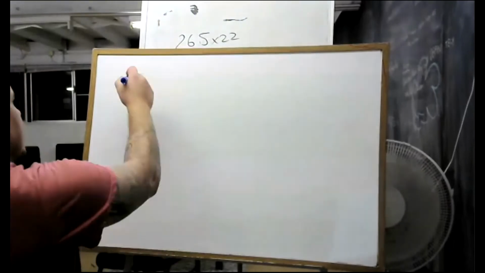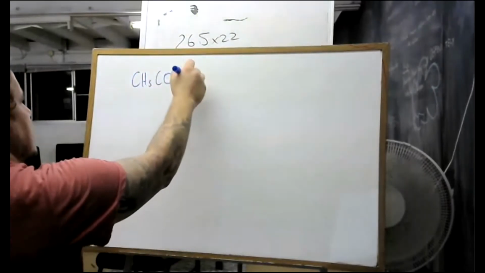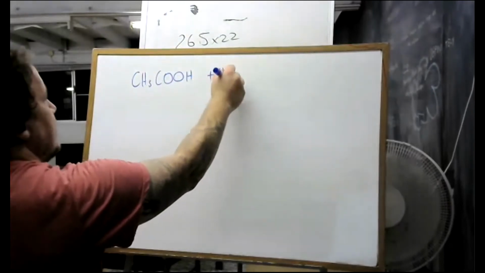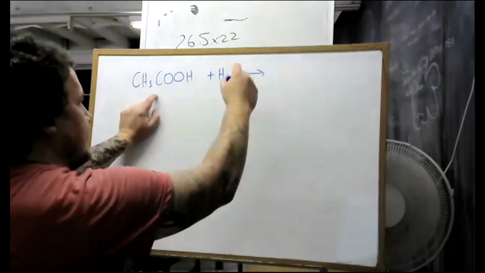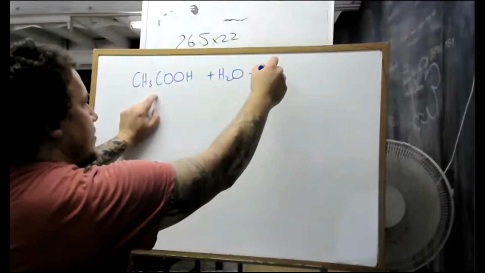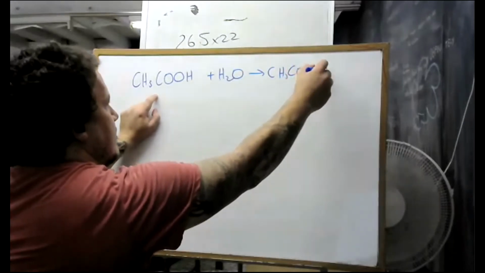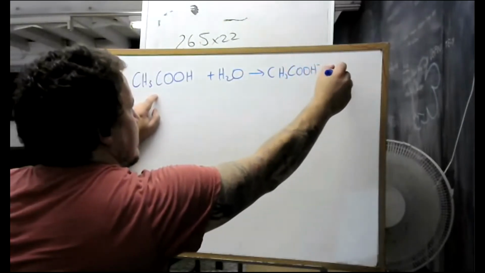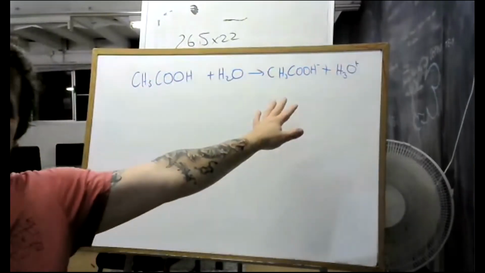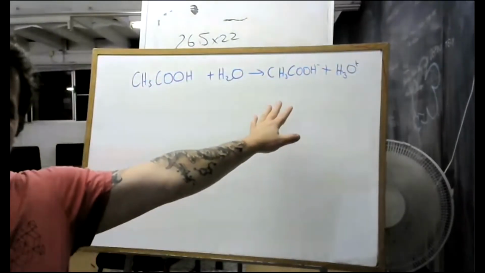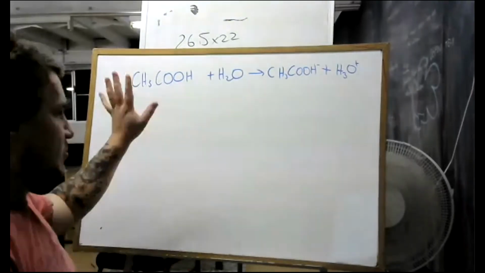We take add H2O, conjugate acid, conjugate base. So we end up with CH3. Plus any acid where they're asking you for the dissociation of ethanoic acid or any kind of acid, it will look like that.